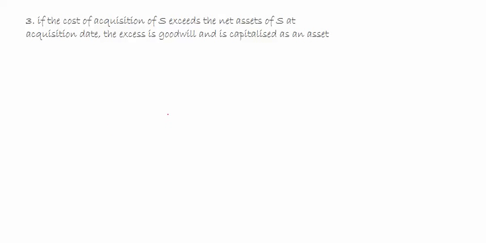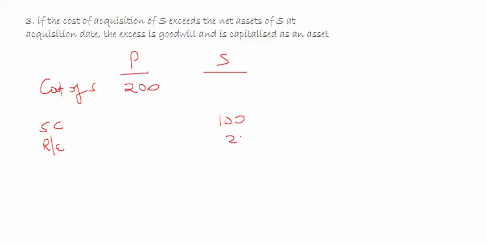If I may illustrate, just assume we have the parent, we have subsidiary there, then you're told the cost of S is, let's make it 200. Then you're told on the same date when we acquired, S had share capital of, let's call it 100, and it had retained earnings of, let's call it 20.